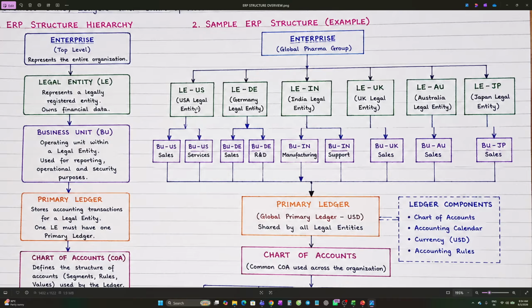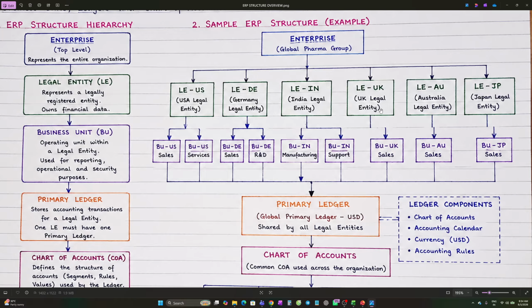Under the legal entity USA, we have two business units, one is Sales and the other is Services. Germany also has two, Sales and R&D, research and development. India also has two business units, Manufacturing and Support.